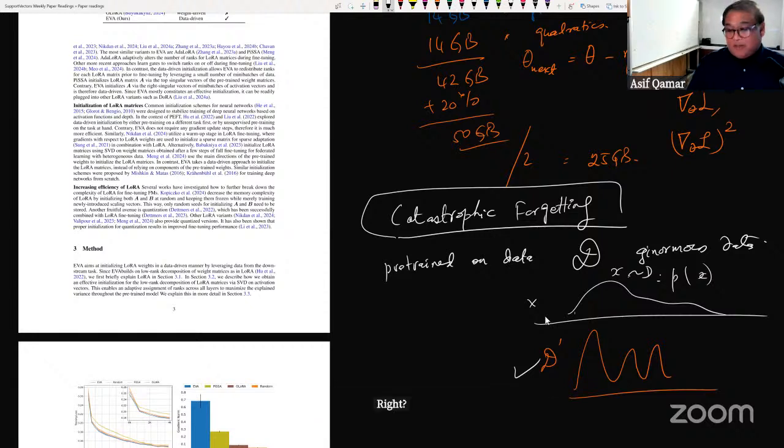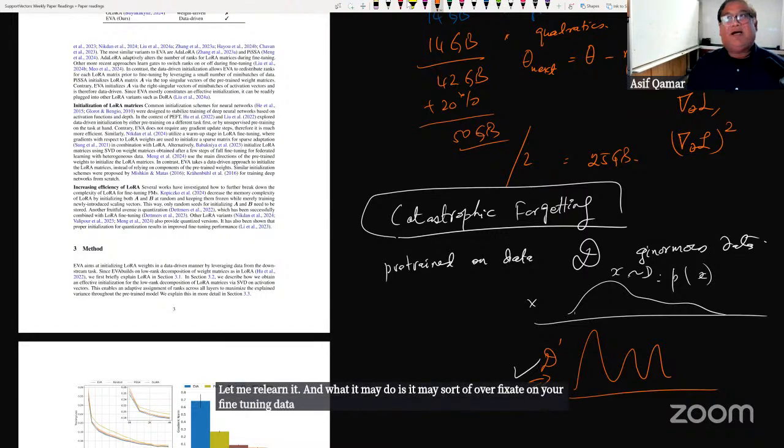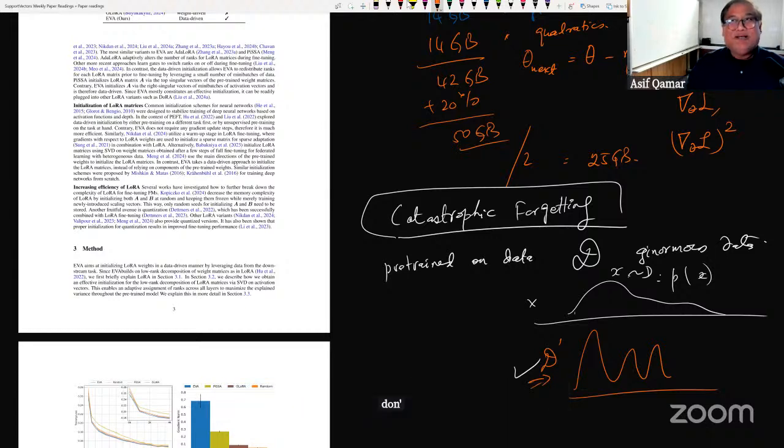And it may say, oh my God, I really misunderstood the situation. Let me relearn it. And it may overfixate on your fine-tuning data. So one of the lessons people learn the hard way with full model fine-tuning is don't run it for too long. Otherwise, you run the risk of catastrophic forgetting, even if you have the hardware resources.